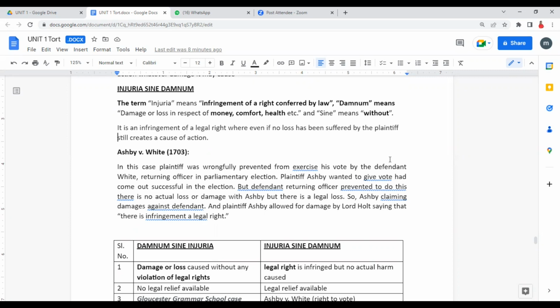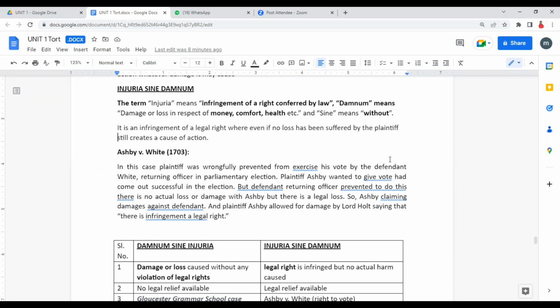He went there, but he was restricted by the returning officer or the presiding officer because there was some misunderstanding. The presiding officer thought that maybe he was not a qualified voter, so he was told that he was not qualified, and he was finally not allowed to give his vote.